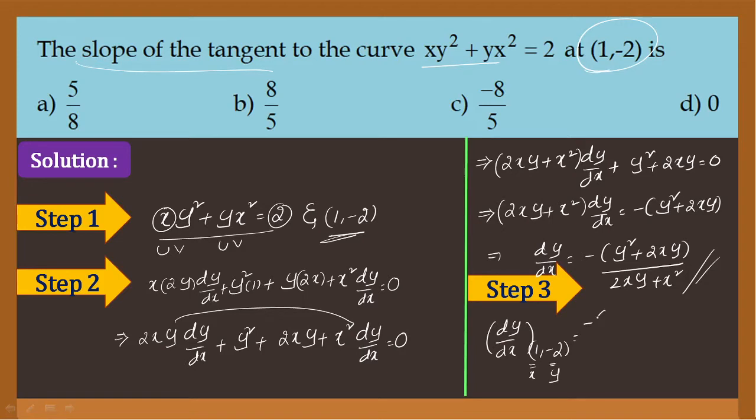So here minus of y square, that is (minus 2) whole square, is 4, plus 2 into x is 1, y is minus 2, divided by 2 into x is 1, y is minus 2, plus x square, 1 square, 1. This equals minus of (4, here minus into plus, minus 2 into 2, 4) divided by (2 into minus 2, minus 4, plus 1) equals 4 minus 4, which is 0. 0 by anything is 0. Therefore, the answer is option D.